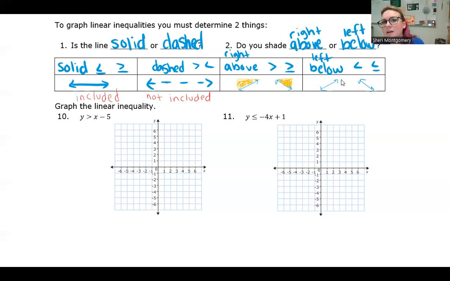So if you're graphing something and you're shading below for less than, it's below and to the left. And that is shading less than. It's also below and to the left.